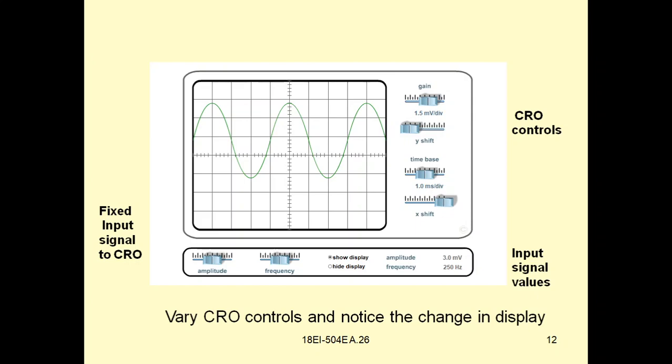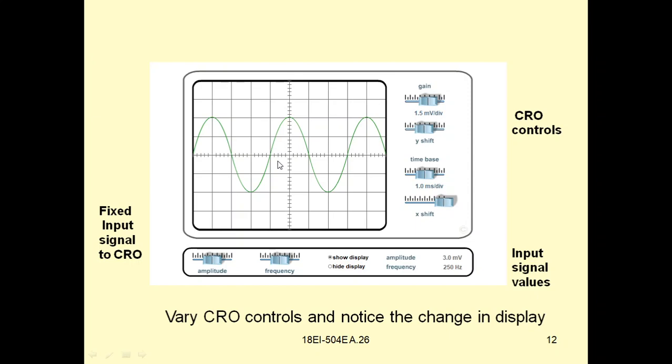So to get the correct value, we have to select the vertical position correctly. So this is the correct position. So with this position, now you can see what is the amplitude, what is the frequency we have to measure.